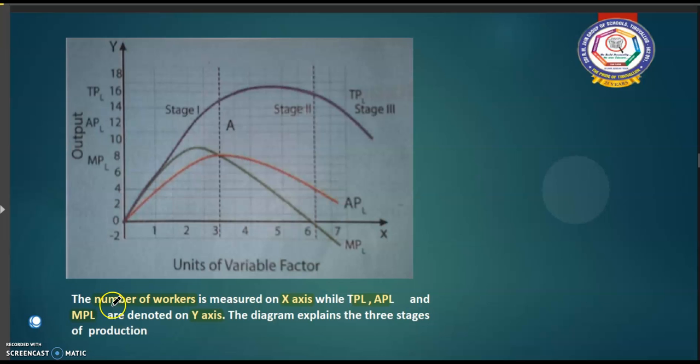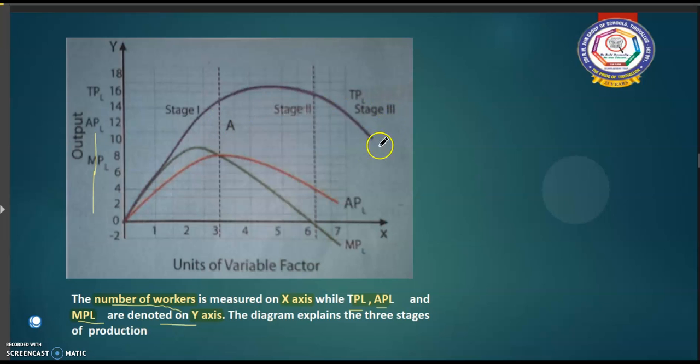Okay, in this diagram, number of workers is measured on x-axis, while TPL, that is total product of labor, average product of labor, and MPL, marginal product of labor, are denoted on y-axis. So in this diagram, we are going to discuss about the 3 stages of production.